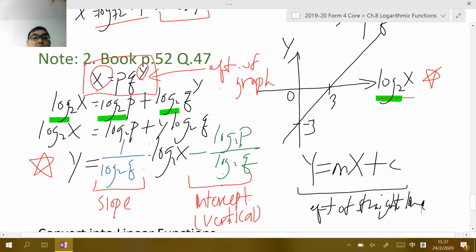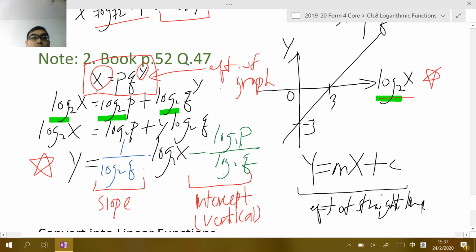And also you can see that here, y and log 2x are the two variables on the axes. That means that all the other things should be unknown constants. That means that they are not changing numbers, but they are numbers which are known, so you have to find them. And how do we find them? You can see that in front of log 2x, it is 1 over log 2q. If you still remember y equals mx plus c, the term in front of x should be the slope.